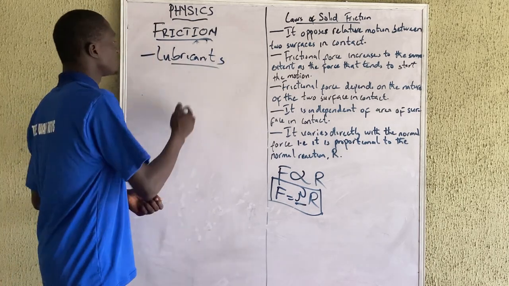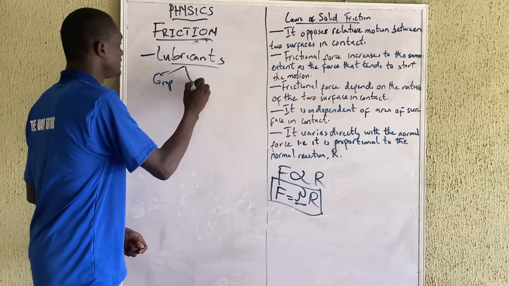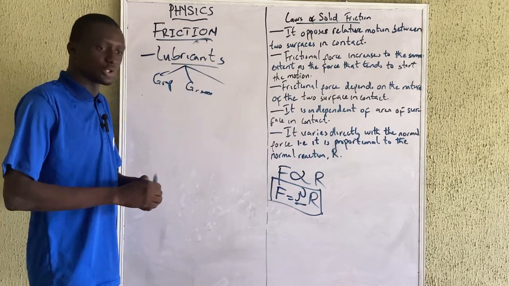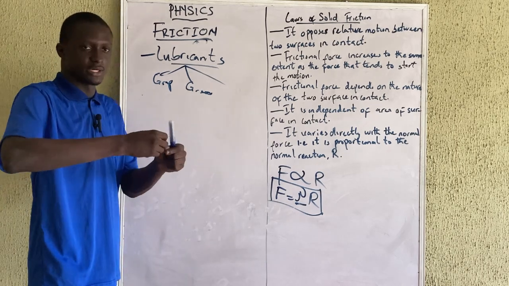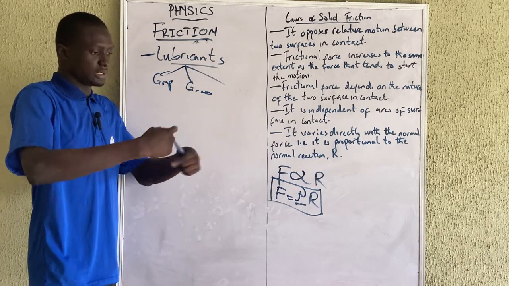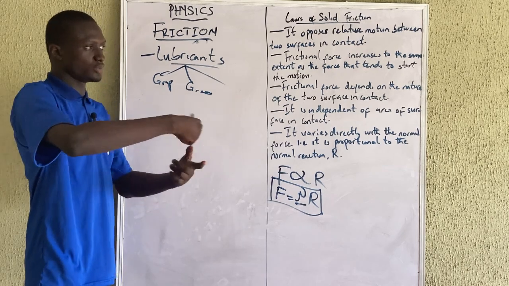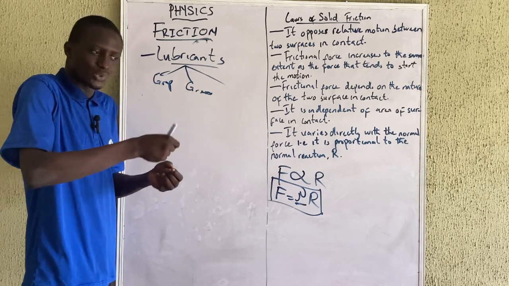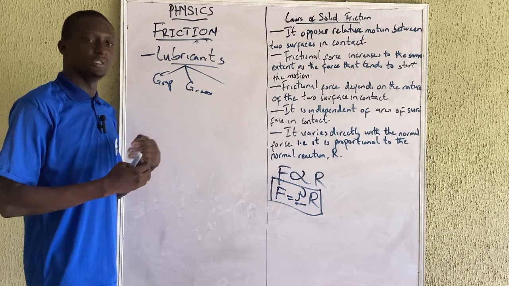When you say lubricants, that's when you use graphite, grease, engine oil and so on to reduce friction. That's when you apply grease to a ball bearing used in grinding or a machine that rotates. So in order for it to rotate smoothly, you have to grease it so that it can reduce the friction of the engine.